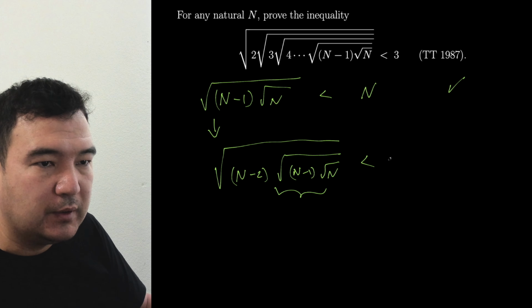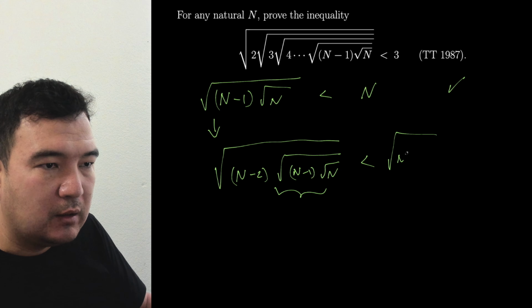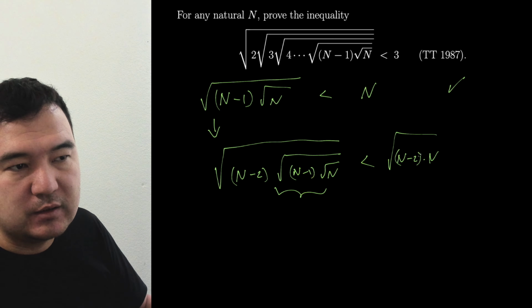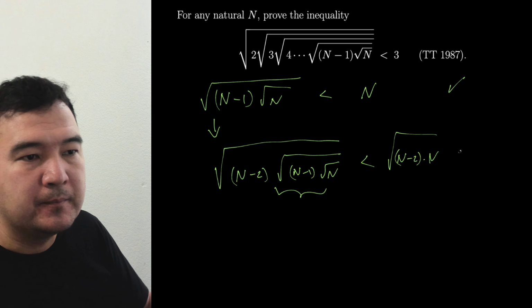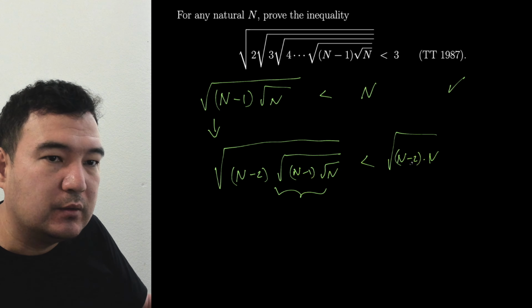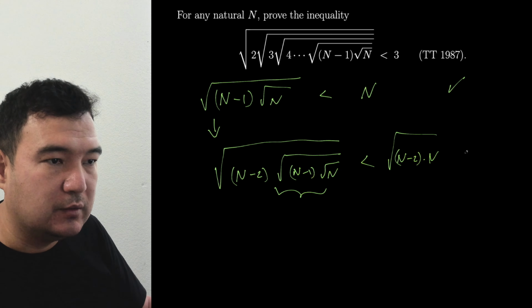So I'm going to replace it with n minus 2 multiplied by n. That's the expression. So the expression becomes larger. If you open the parentheses, you have n squared minus 2n. So it's definitely less than n squared.